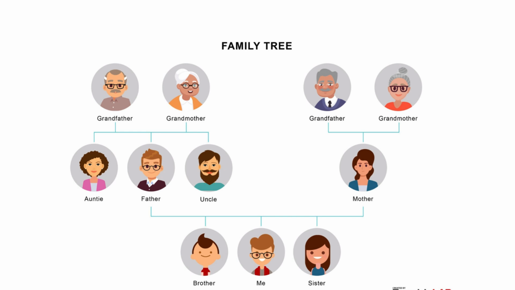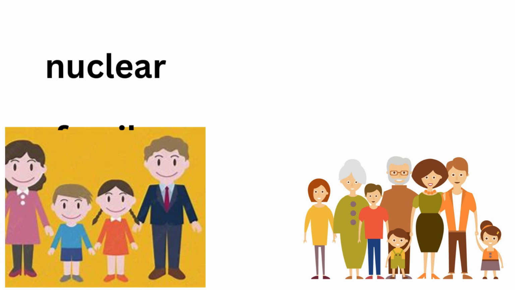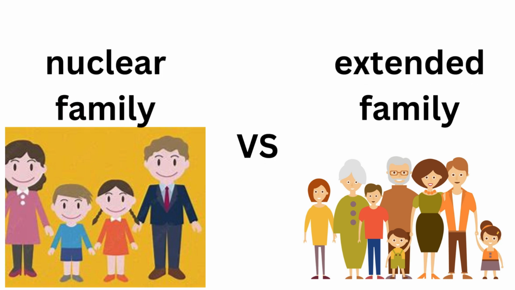Now there are different types of families. We have the nuclear family. This comprises of a husband, wife, child or children living together. Then we have the extended family. This defines a family type that extends beyond the nuclear family, who may or may not be living in the same household.